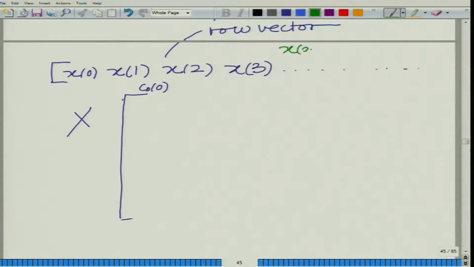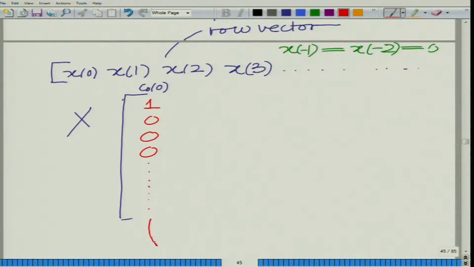So, C0 at time 0 is simply x of 0 plus x of minus 2, but x of minus 2 is 0. So, this is simply x of 0 into 1. Of course, x of 1 does not enter the picture, so it is multiplied by 0, and x of 2 also does not enter the picture, so all the rest are multiplied by 0.